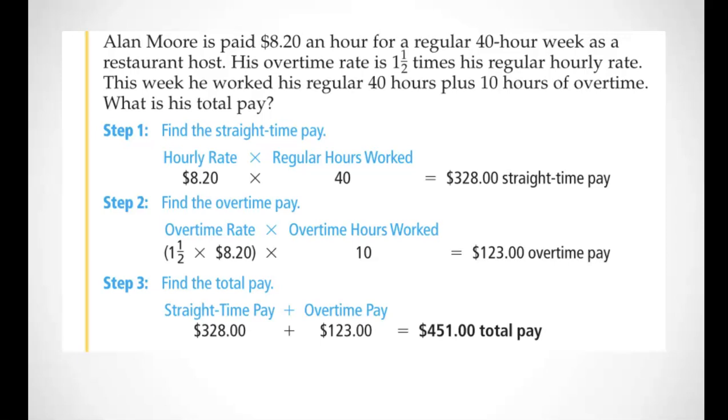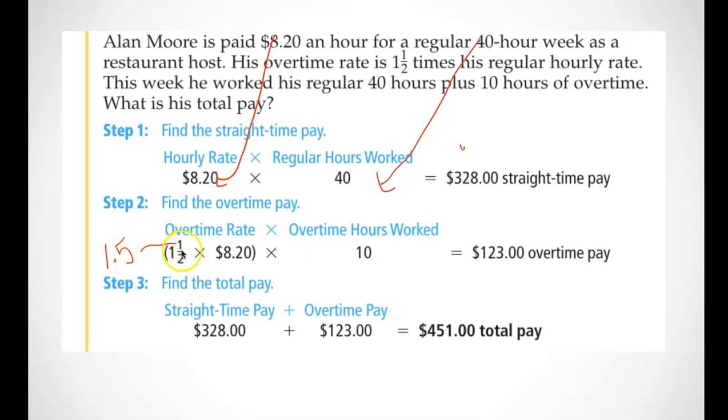So if I don't know what to do, I'm going to look at step 1 here. Hourly rate, this is where I got this right here. 40 hours worked, that was right here. Multiply them together and I get my straight time pay. Then, because it's 1.5, that's also written 1.5, which might be something to add to your notes.